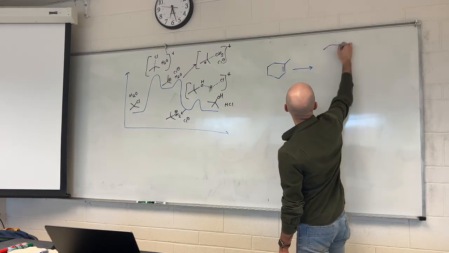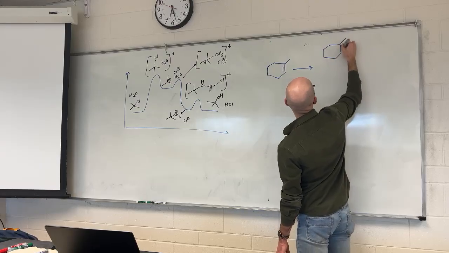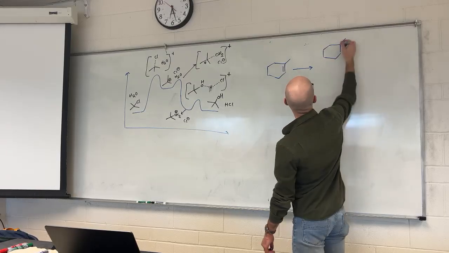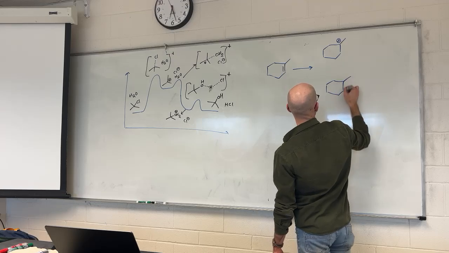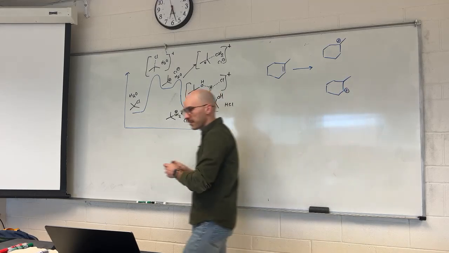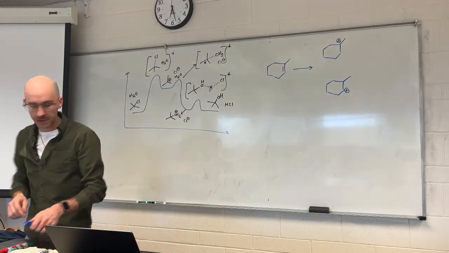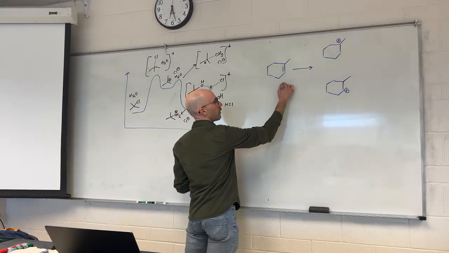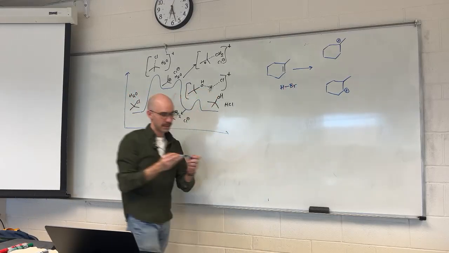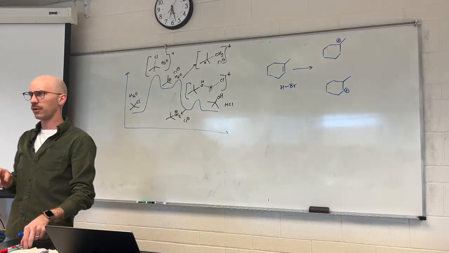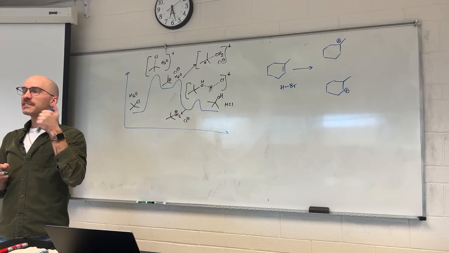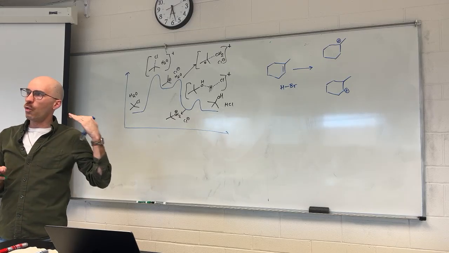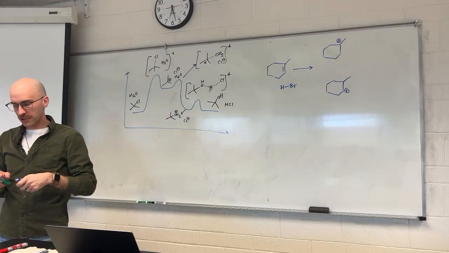And I've shown that it can form 2 different things: this positive charge on the more substituted carbon, or this positive charge on the less substituted carbon, when it reacts with an acid. This should remind you a little bit of your midterm question, right? Let's spot the difference. What bonds break during this step?